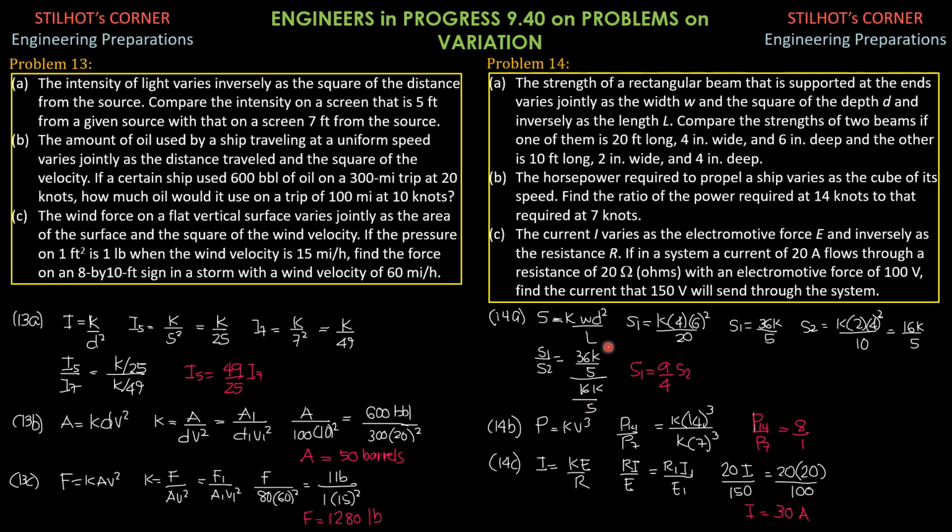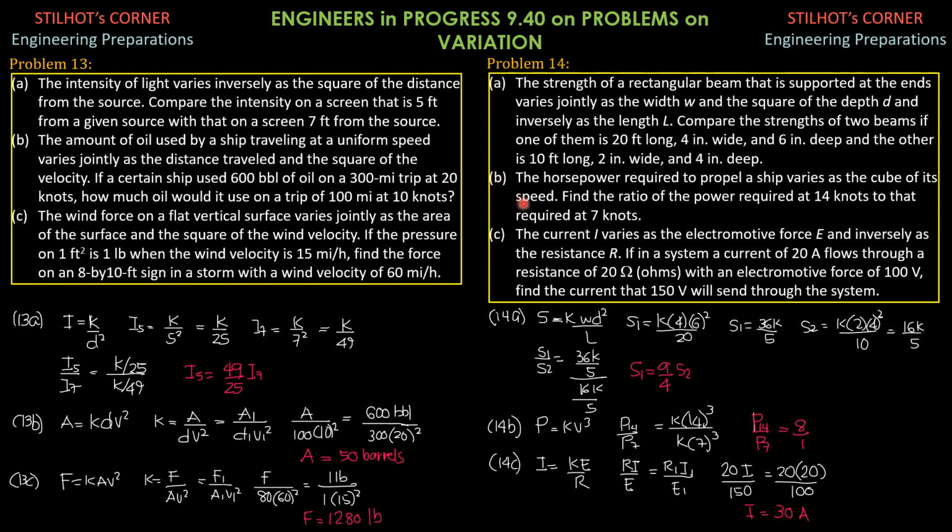We can cancel 5 and K. So 36 over 16, that's 9 over 4. Therefore, the strength of the first beam is equal to 9 over 4 times the strength of the second beam with these properties and dimensions.